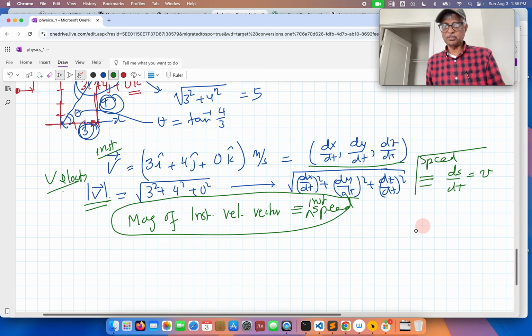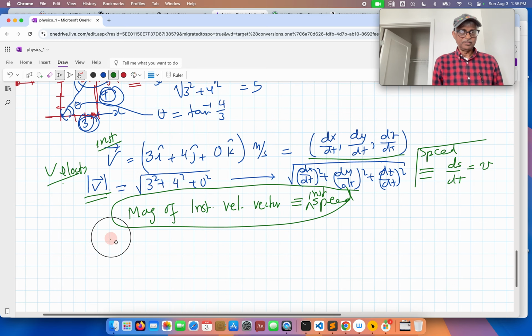So there's another way to think about it. The direction does not exist for speed.